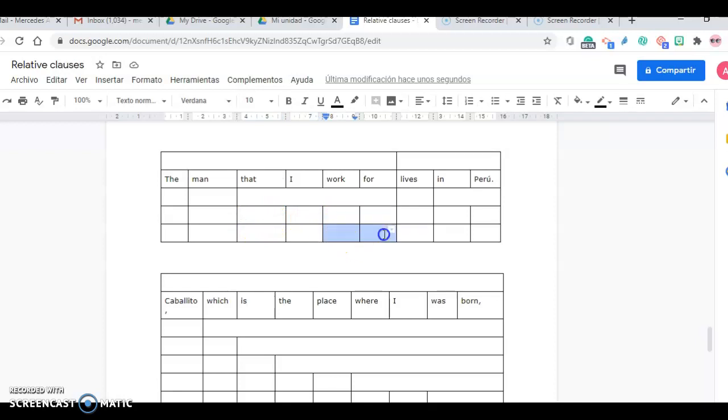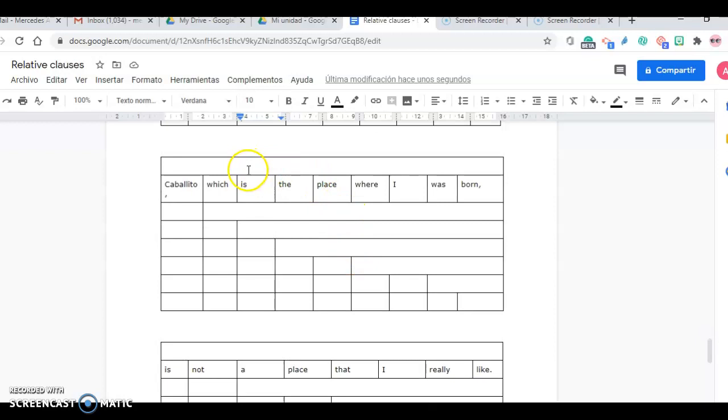So work for is the prepositional verb, and that is the direct object defining relative pronoun, because it is replacing man. Rather complicated, I know.